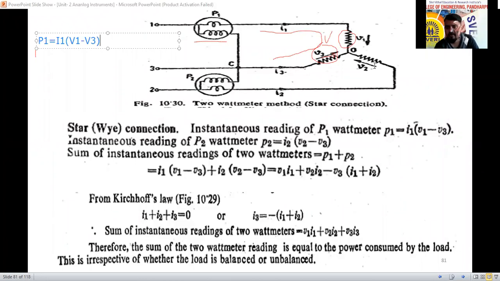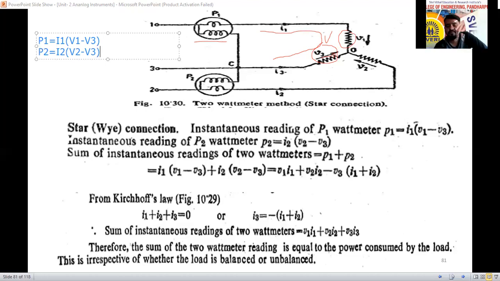The voltage drop across phase 2 is V2 and across phase 3 is V3, so we have V2 minus V3 into I2. So P2 equal to I2 into (V2 minus V3).